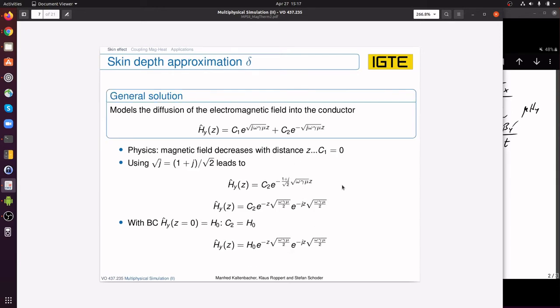Okay, so this is the general solution, and we can now use physics to eliminate this first term. If you imagine e to the power of positive square root of j omega gamma mu times z, it means that our field would be increasing if we go in z direction.